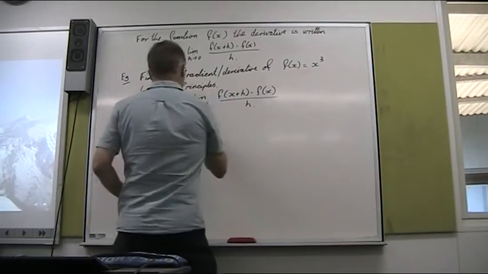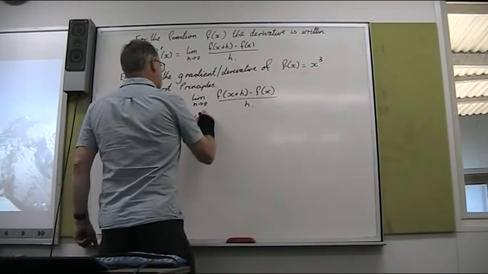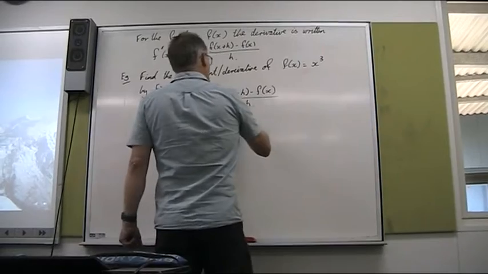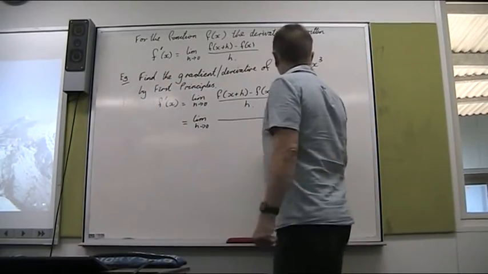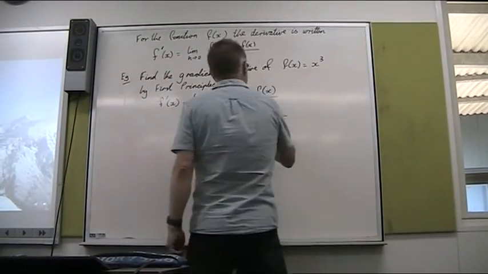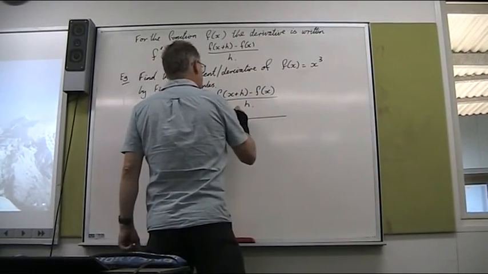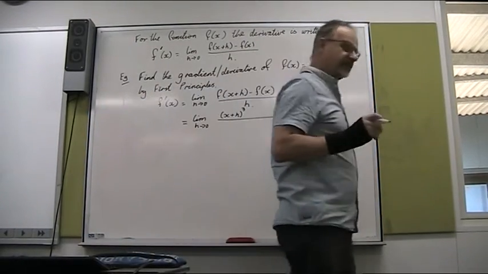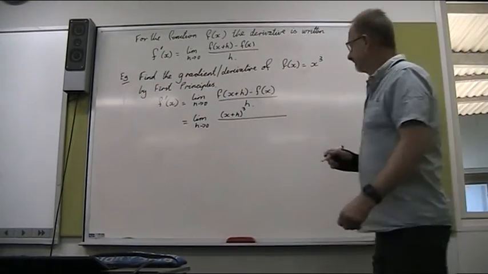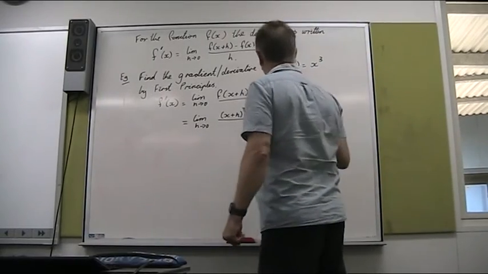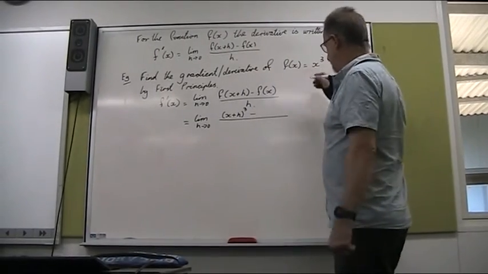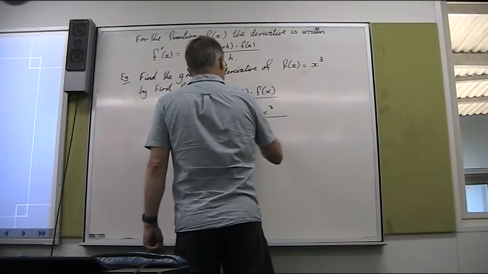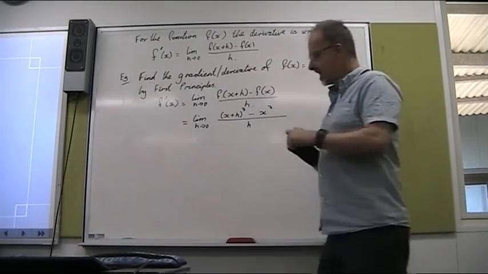So the limit as h tends to 0 of f of x plus h, so I've got to replace x by x plus h and cube it, because that's our function, is cubing. We've then got to take away the function with just x, which is x cubed, and that's all over h.